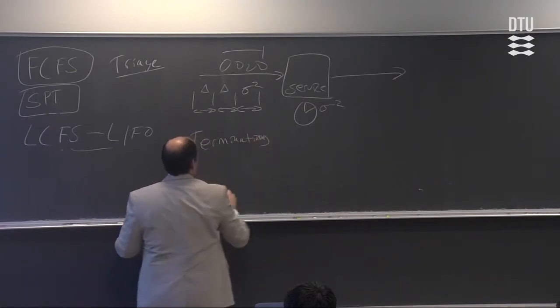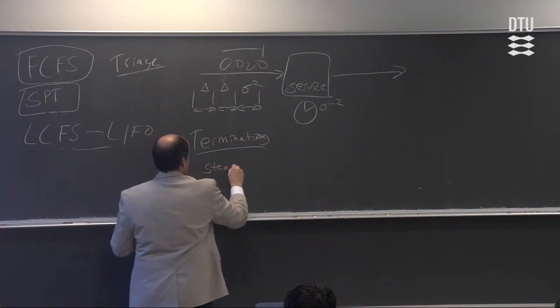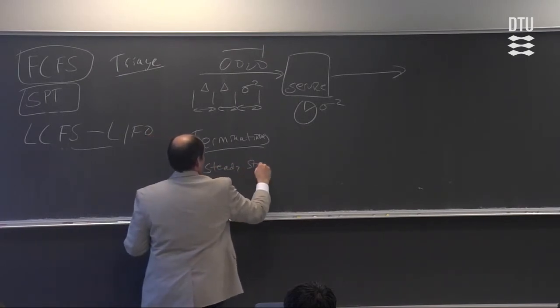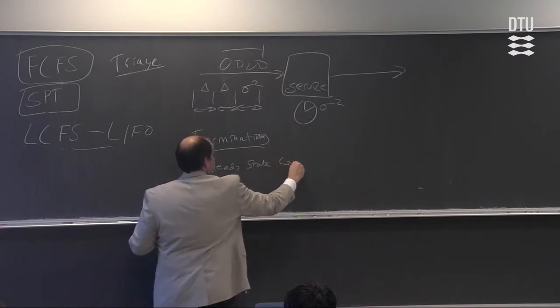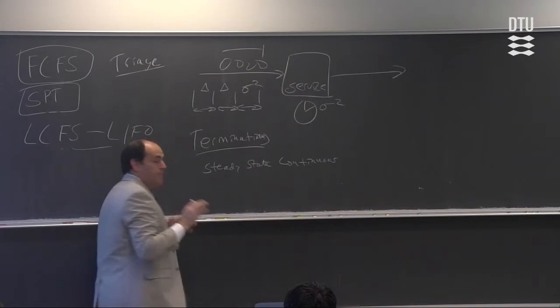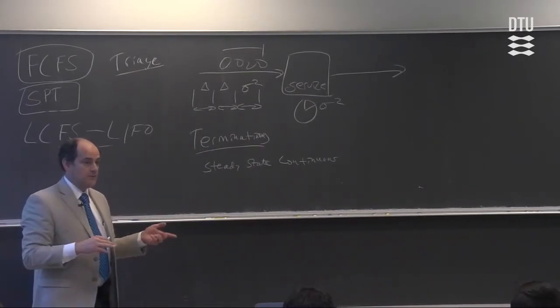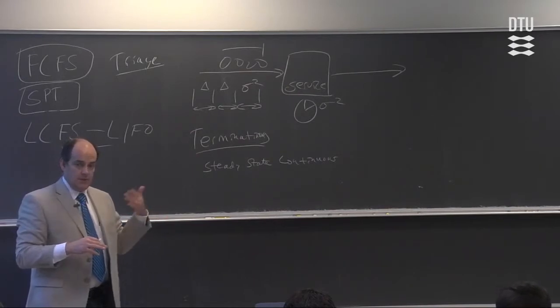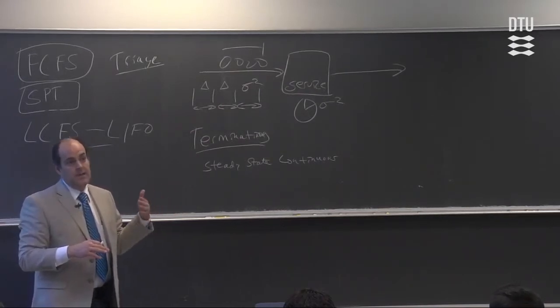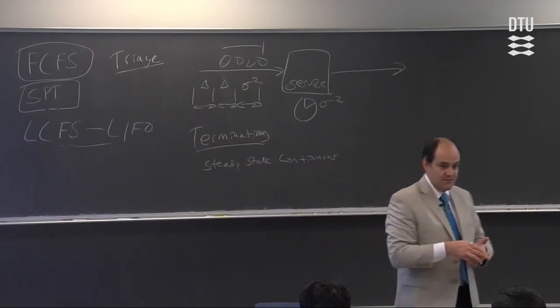Or we can have a steady state, continuous. The basic queuing formulas we're going to look at in the next slide presume that these are steady state systems that run continuously.